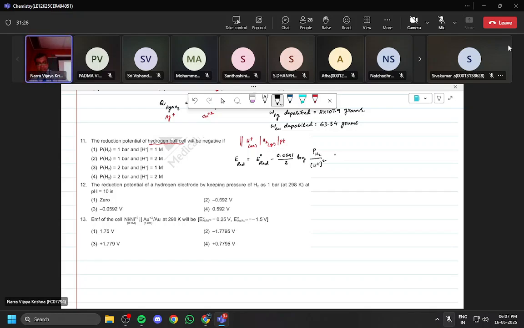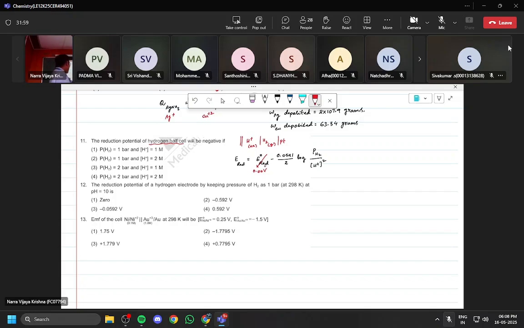E naught of the hydrogen electrode is already 0. Now, check option 1. Substitute the H plus value as 1 molar, pressure as 1 bar. So 1 upon 1. Then what is log 1? If log 1 is 0, what is E reduction? 0.